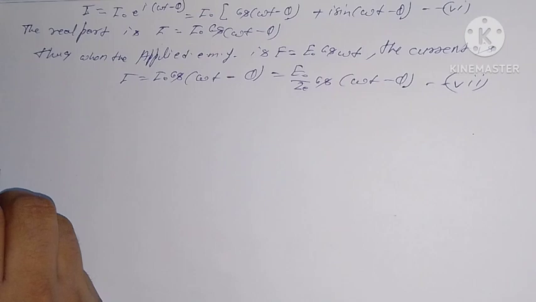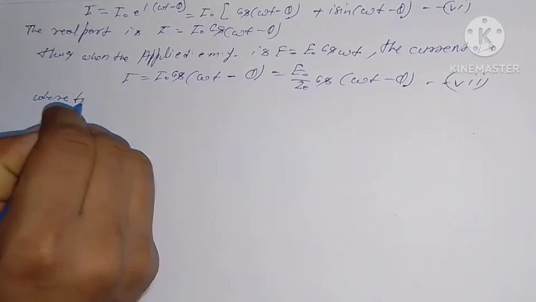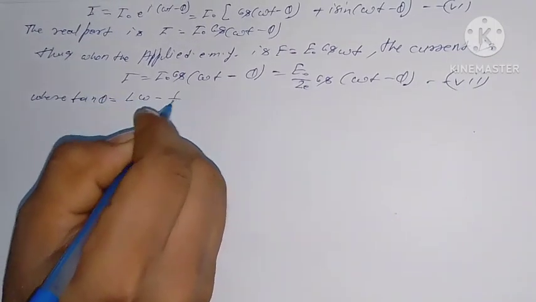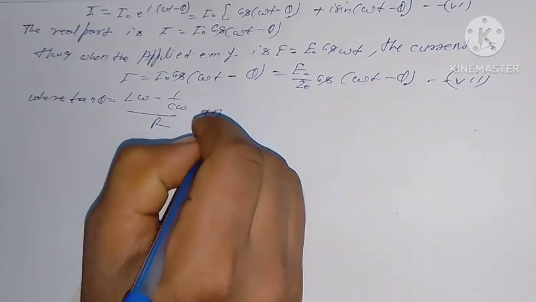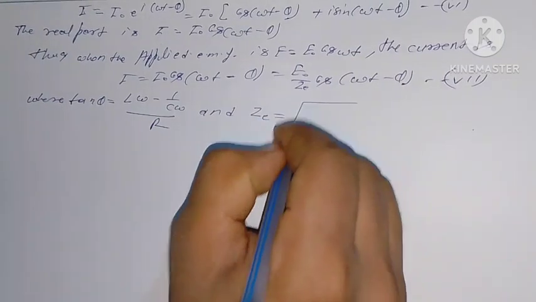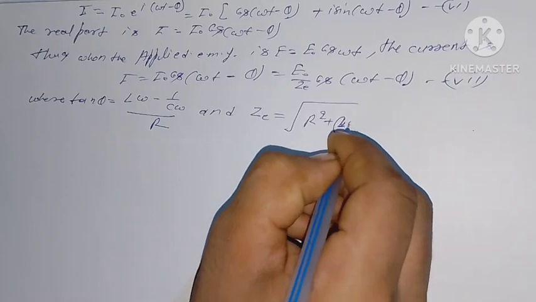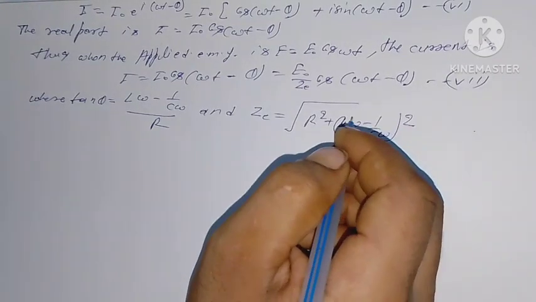This is equation number 7, where tan phi equal to (L omega minus 1 upon C omega) upon R, and Z equal to under root of R square plus (L omega minus 1 upon C omega) whole square.